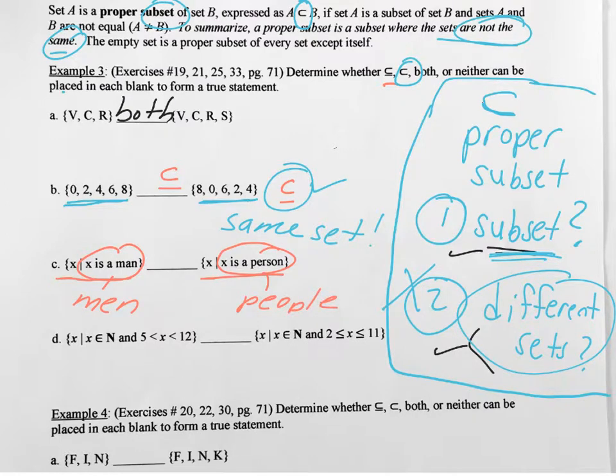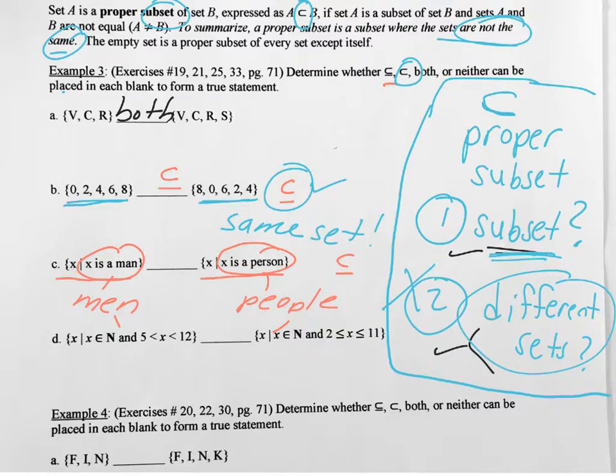So to be a subset means that all men are people. All men are contained in the people set. That's true. So all men are people. So at the very least, it's a normal subset. Now let's see if we can take it a step further and say it's a proper subset.